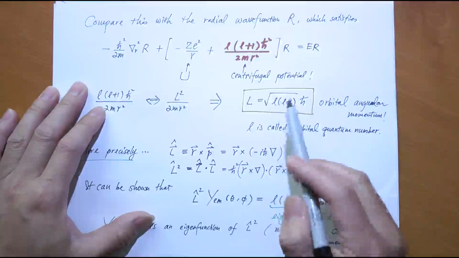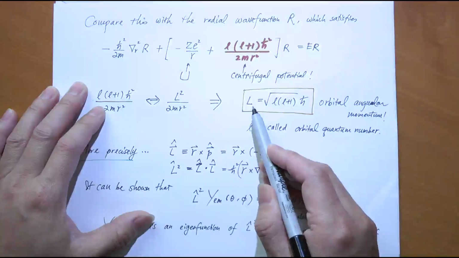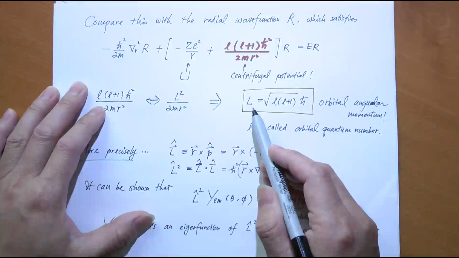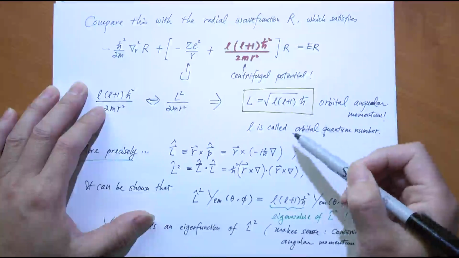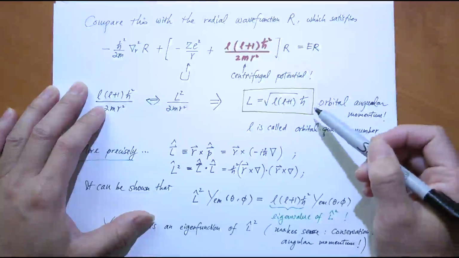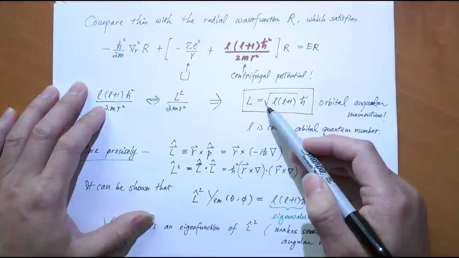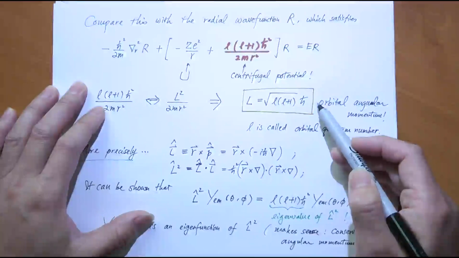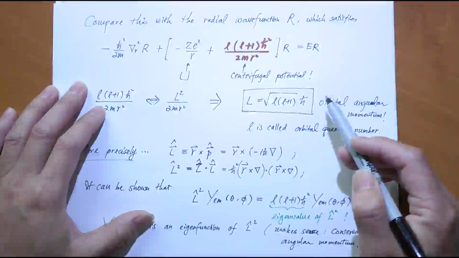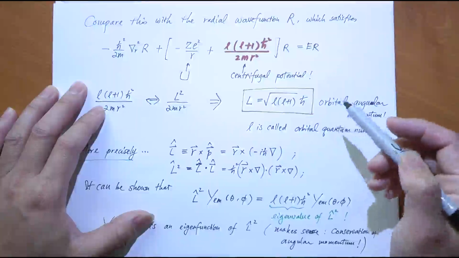This is not an exact derivation for the magnitude of L. What we did was we made a comparison between the classical case and the quantum case, but it is kind of simple and illuminating because it gives us an easy way to find the magnitude of the angular momentum. Now the magnitude of the angular momentum is a fixed number, see here. This is because we're dealing with an angular part of the wave function, which is the spherical harmonic wave function.